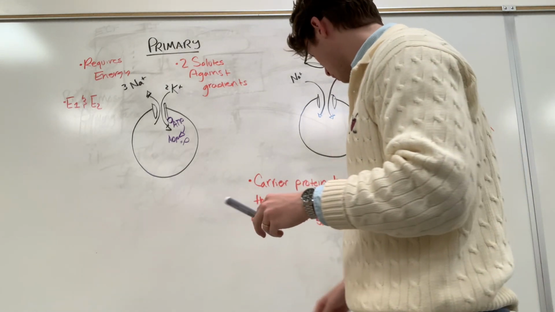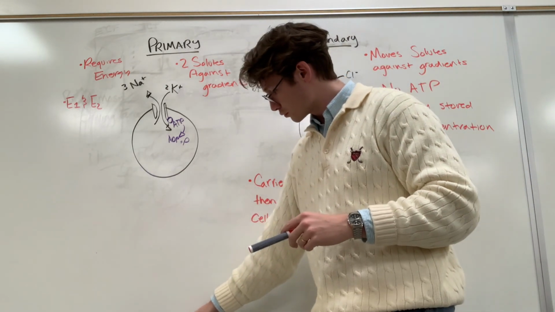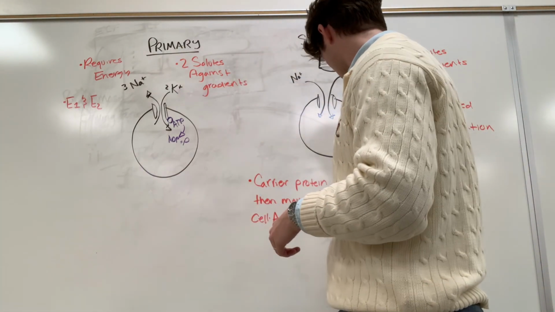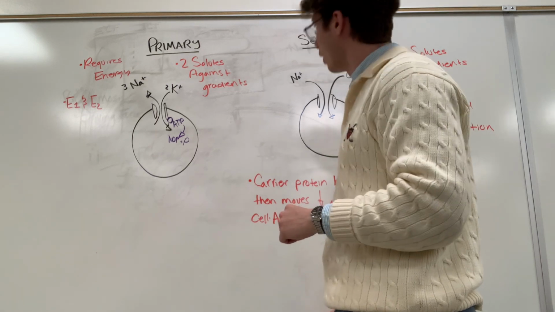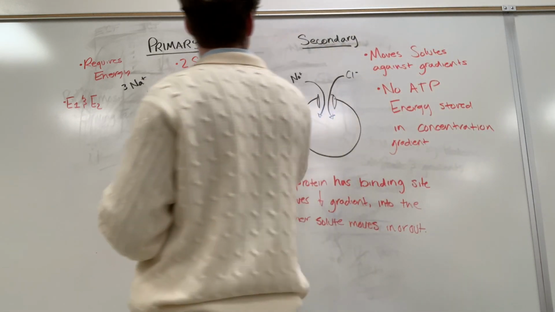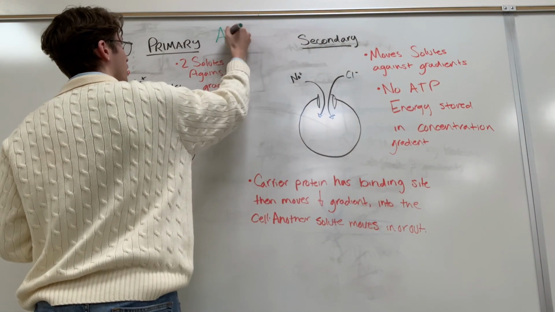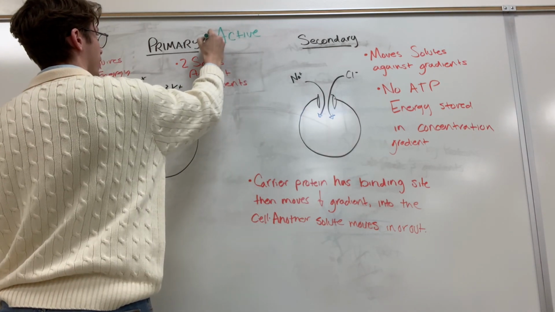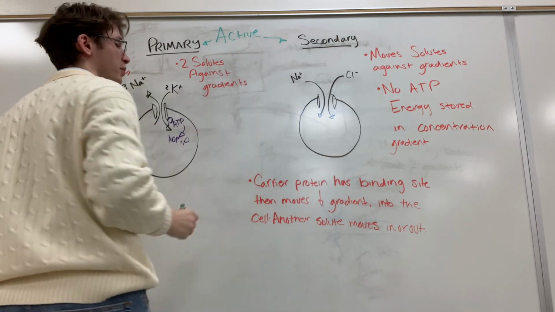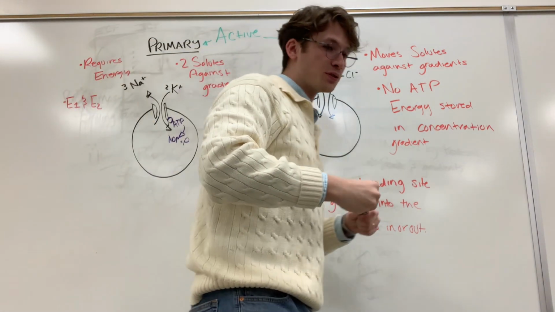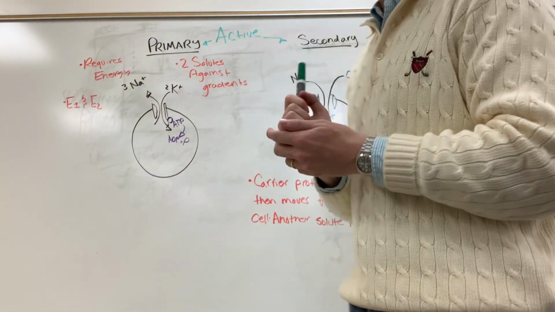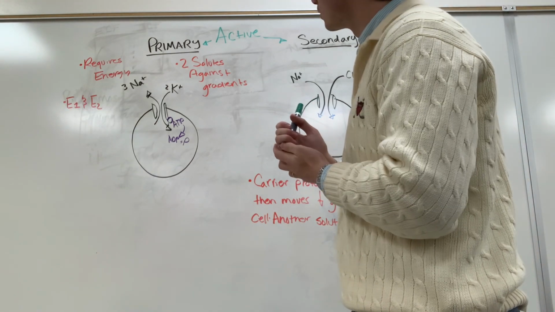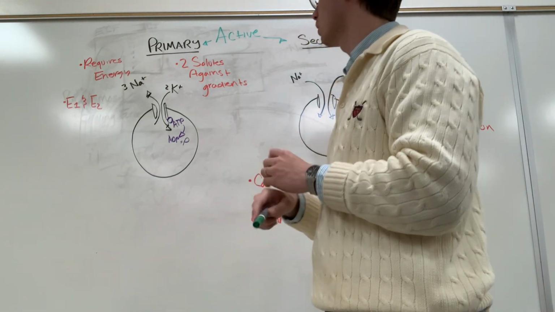Okay, so these last two forms of transport are called active transport. Let me write that up here. Active. Both are active, and they're just two forms of it, primary and secondary. Active refers to this need for energy to occur.